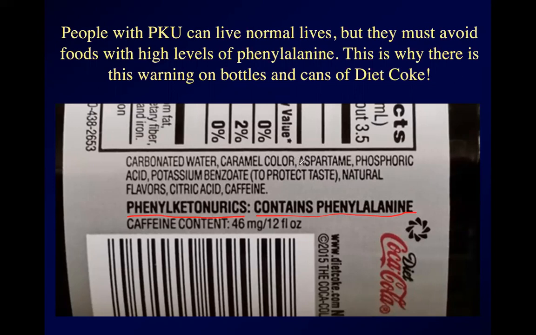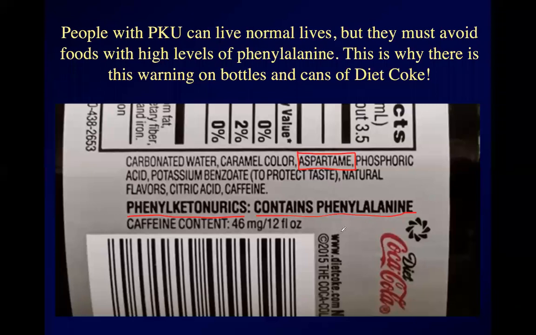And you might remember that that sweetener, aspartame, aka NutraSweet, is a peptide between two amino acids, one of which is phenylalanine. If you drink a lot of Diet Coke, you're taking in a lot of phenylalanine. Most of us can handle that, but people with PKU, at least in childhood, will suffer damage to their brain if they drink Diet Coke. And that's why we have that warning label.